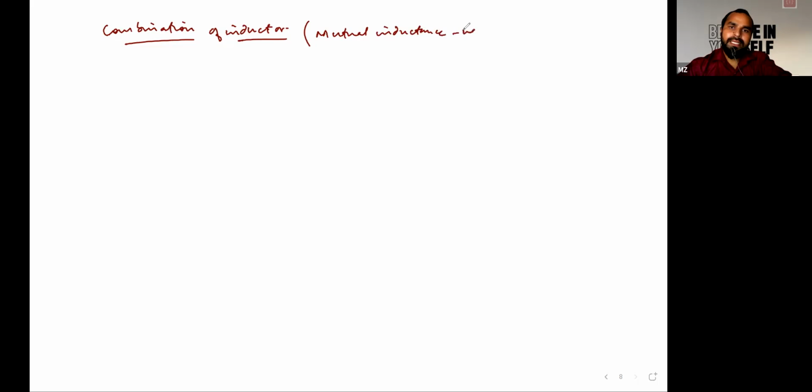The next part is like we have done combination of resistors in the third chapter. Similarly, there is a problem in relation with combination of inductors. We are not taking the effect of mutual inductance; mutual inductance is neglected.